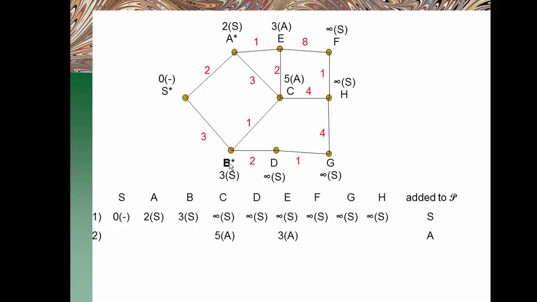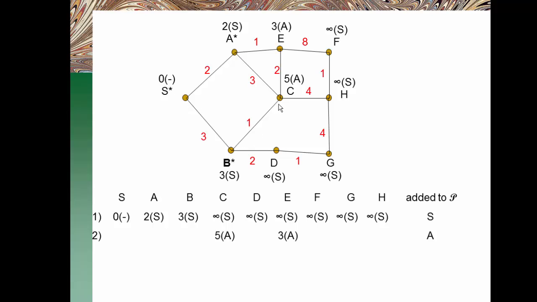So we continue with B. We mark B with a star, and at B we look for adjacent vertices that don't have permanent label. Here we have C and we have D. Notice that vertex S is also an adjacent vertex, but S has a permanent label, so we don't consider S.